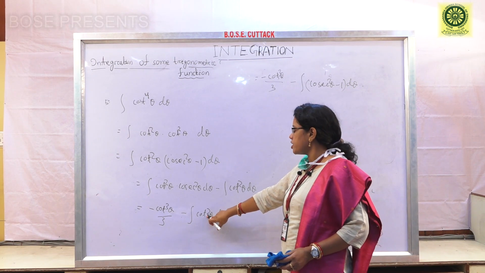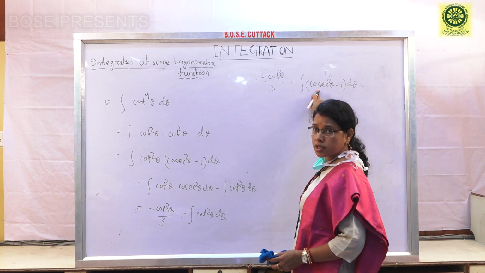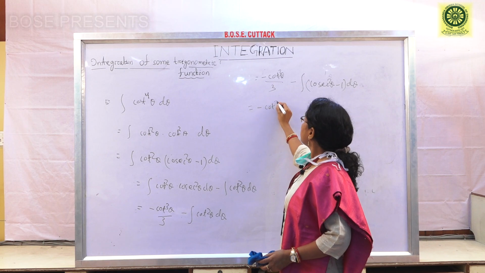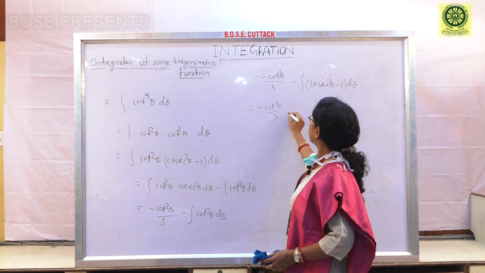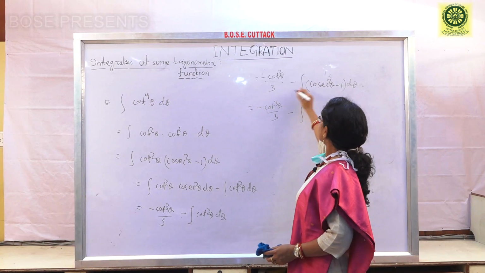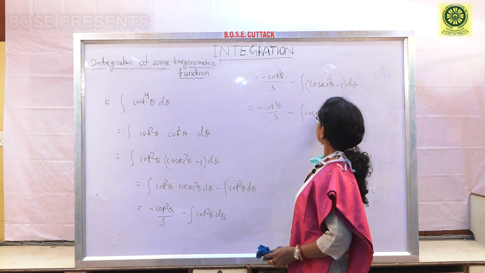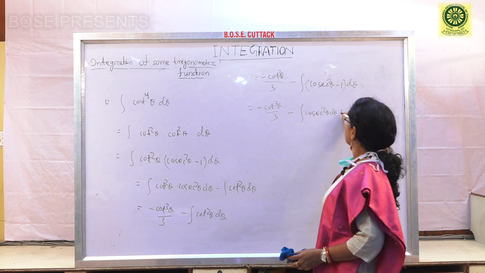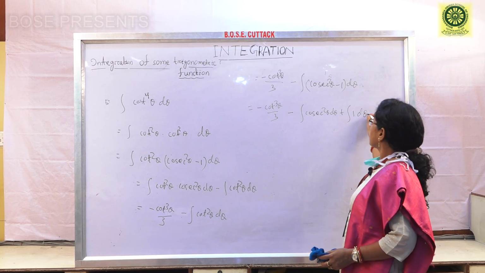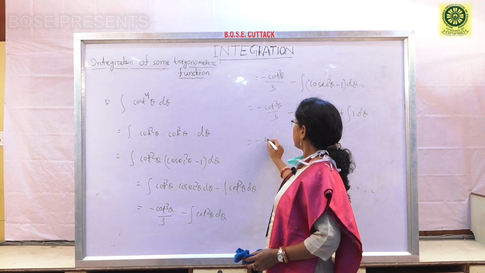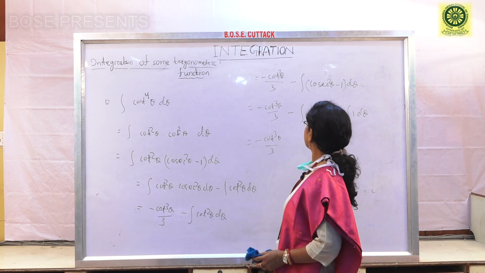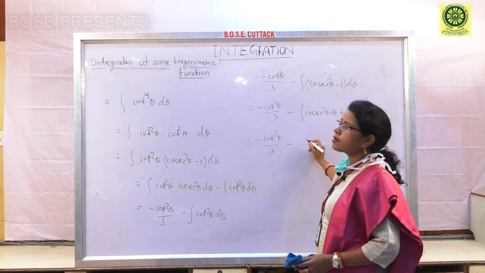Then minus cot cube theta by 3 minus, just simplifying this, the integral of cosec square theta d theta minus 1 d theta.